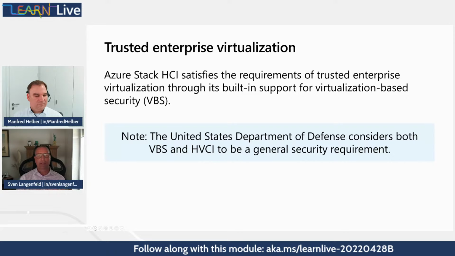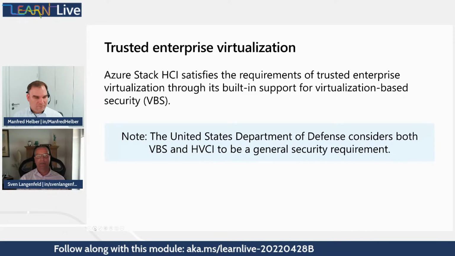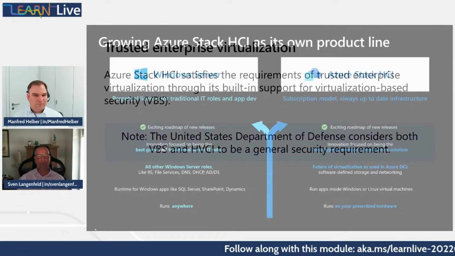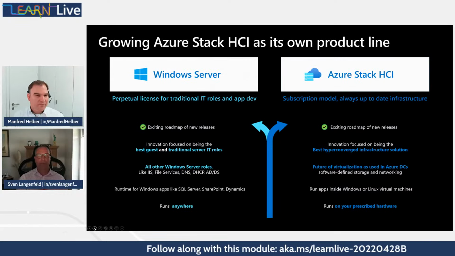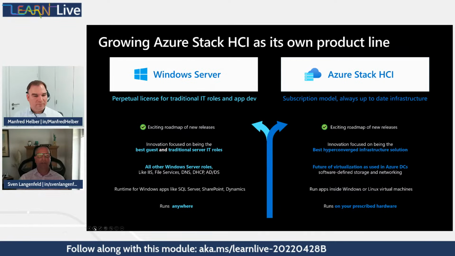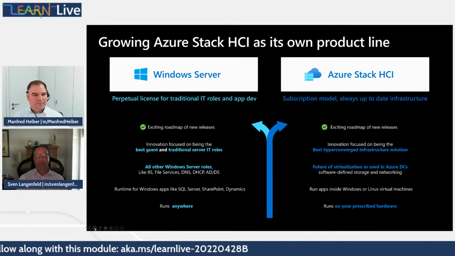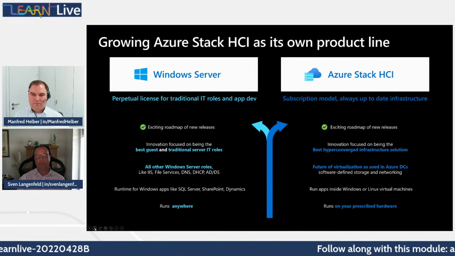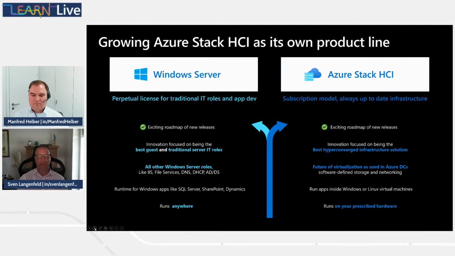But to understand why Azure Stack HCI is especially interesting for trusted enterprise virtualization, about secured-core server and technology of the future, it makes sense to have a view at the strategy of both operating systems we have at Microsoft. So we have Windows Server on one side and we have Azure Stack HCI on the other side.